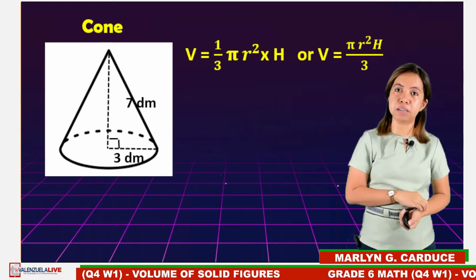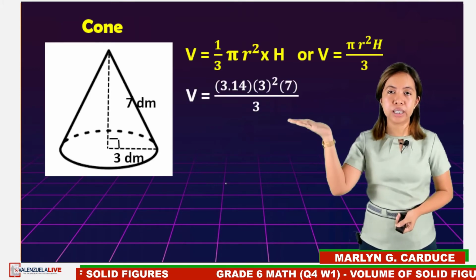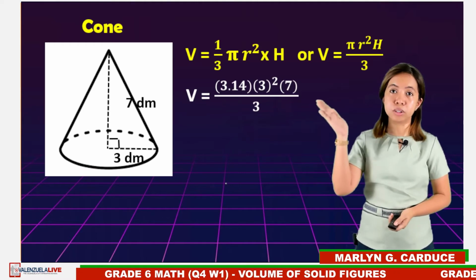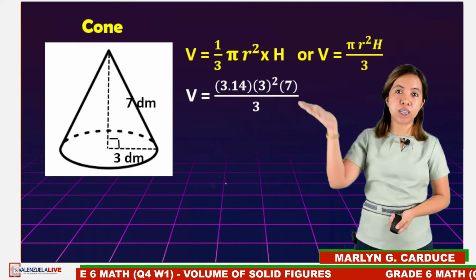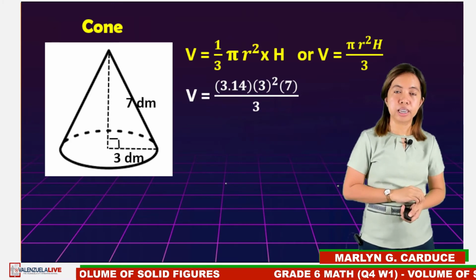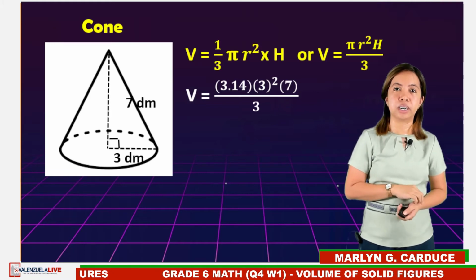Then by substituting the given lengths, pi is equal to 3.14, then the radius from the given is 3 decimeters, and the height is 7 decimeters.